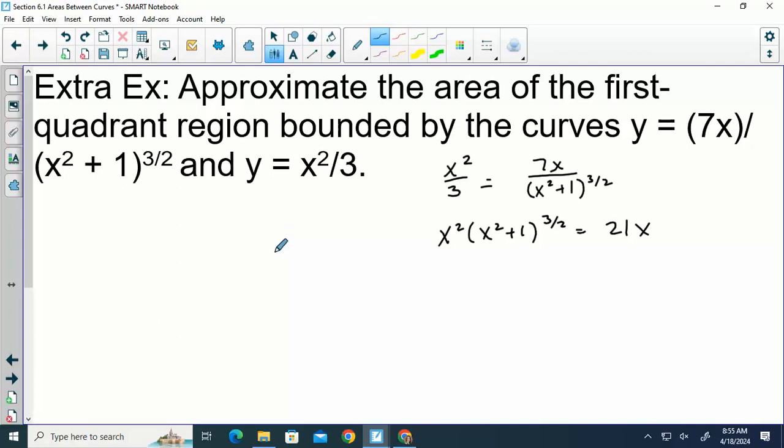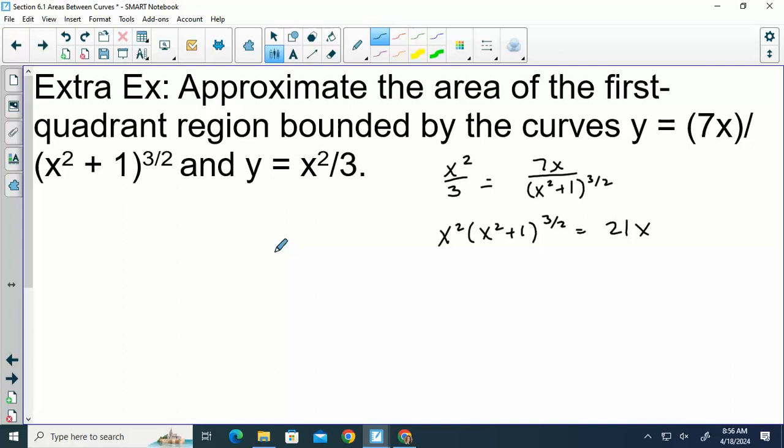So you go to your calculator, go to your y equals, and our first one is 7x over (x squared plus 1) to the 3 halves. And the second one, x squared over 3.